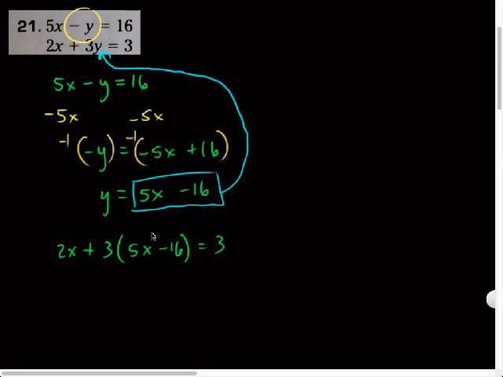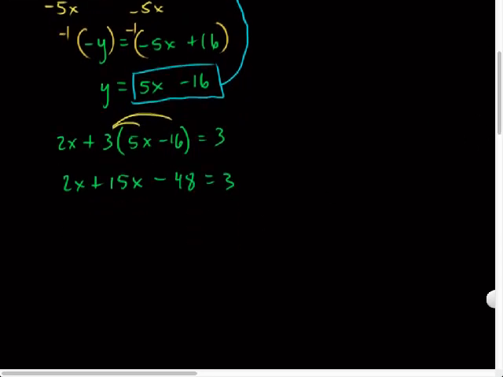And now I can kind of do some distributing here. 2x plus 15x minus 30 plus 18, 48, I think, is equal to 3. Combine some like terms, 2x and 15x is 17x minus 48 equals 3.